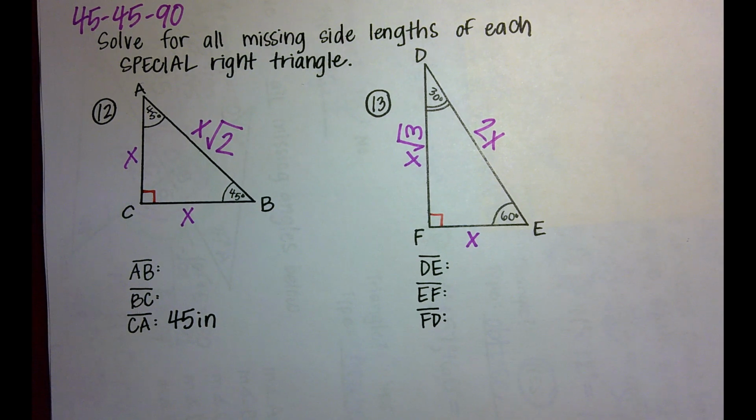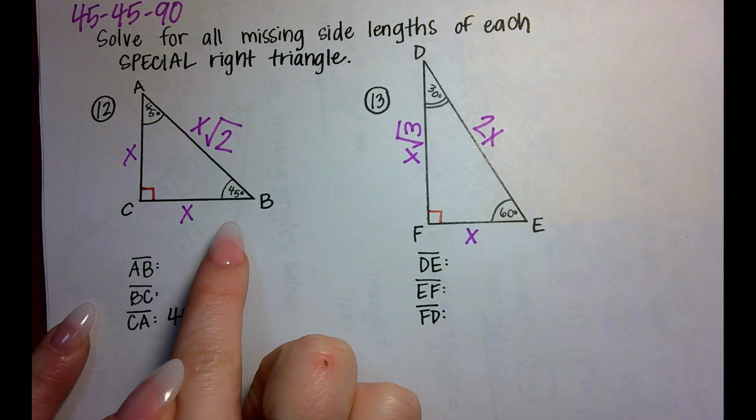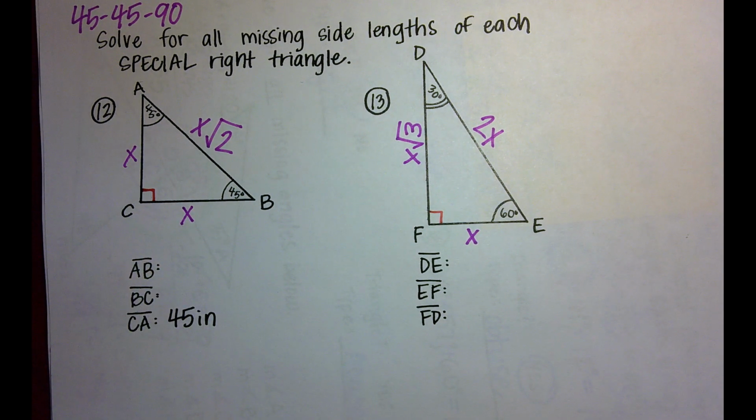So I know that CA is 45 inches, so BC must also be 45 inches.